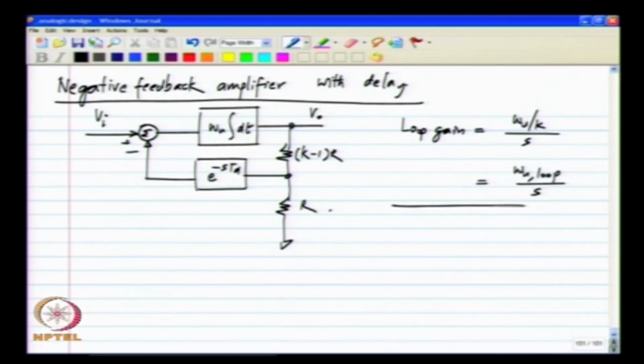Now, how much delay can we tolerate depends on the value of omega u loop.